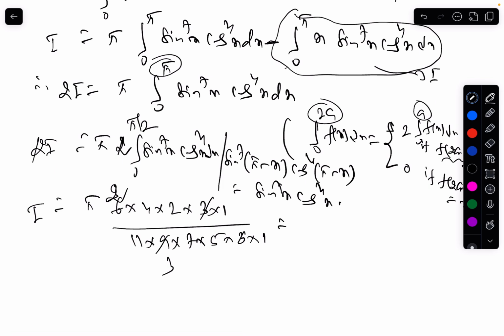So we have 16 pi. This is 11 into 3, 33, into 7 into 5. So that is 385.